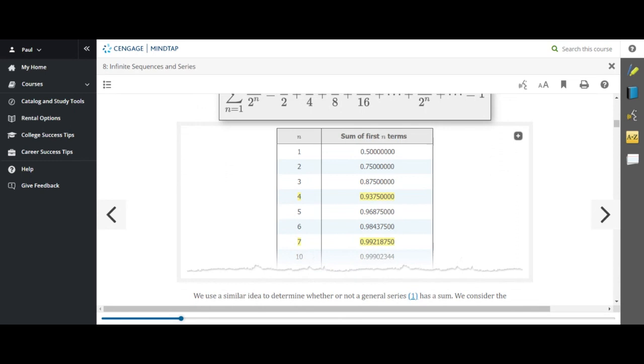Jonathan asks, how would you not get 1 if it goes on to infinity?